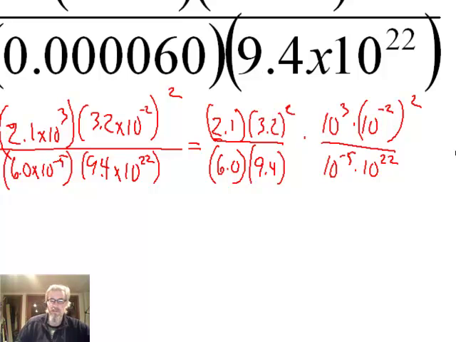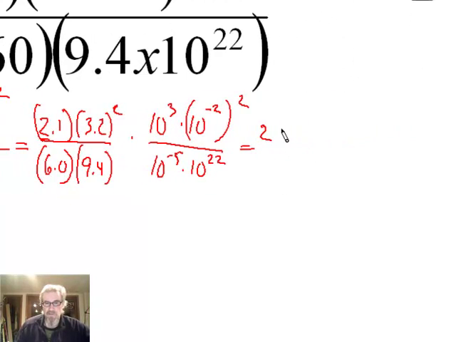Now the mantissa is going to be the least important of these two numbers, and so that's the one that you want to estimate. 2.1, I can write that as approximately 2. 3.2, that's about 3, and it's squared. 6.0 is really close to 6, and 9.4 is approximately 9.